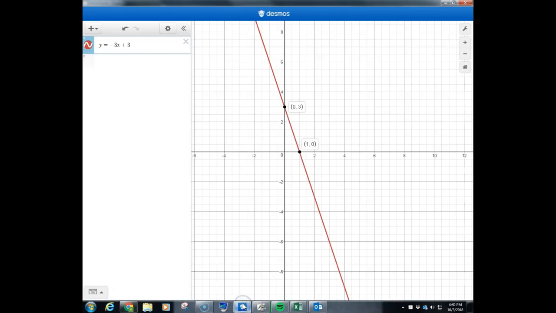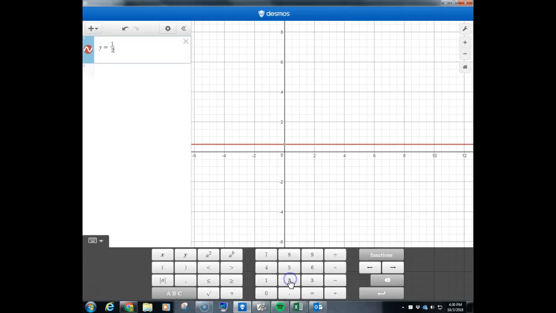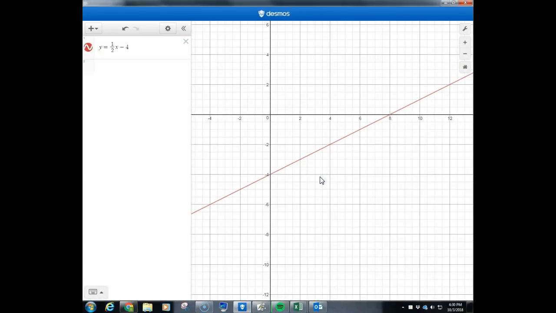1/2 x minus 4. So remember that 1/2 is 1 divided by 2. And then don't forget, don't get stuck on the bottom. You want to go off to the side and write x. And I already forgot what the equation is, minus 4. Okay, so 1/2 x minus 4, here's my graph.